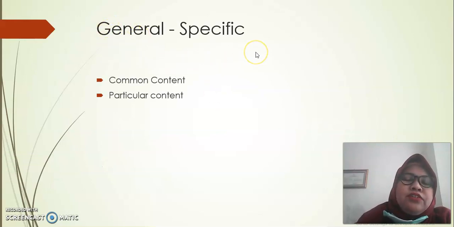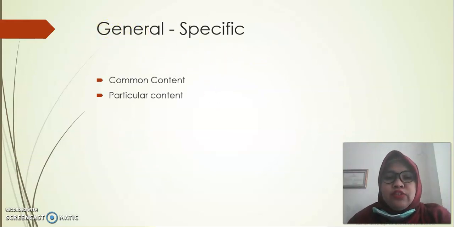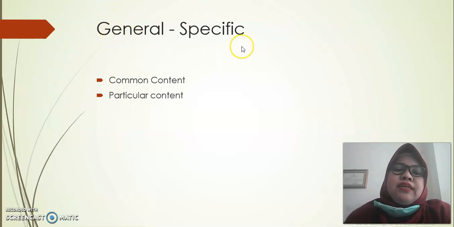Okay, the first is about general and specific. These two terms relate to the content of the test.